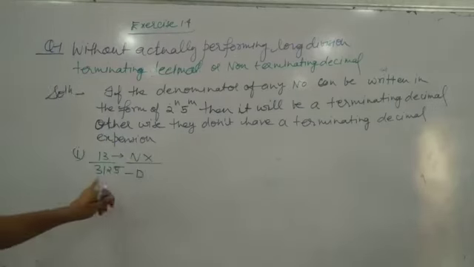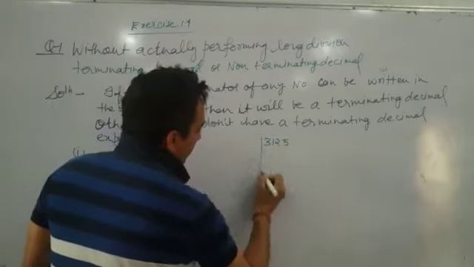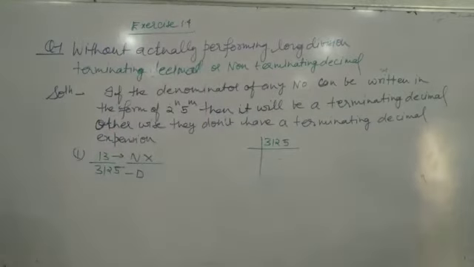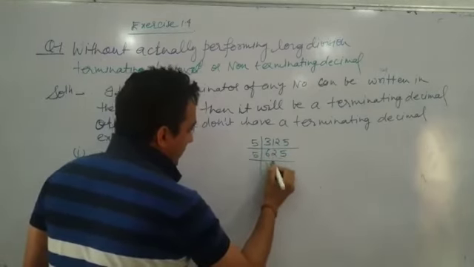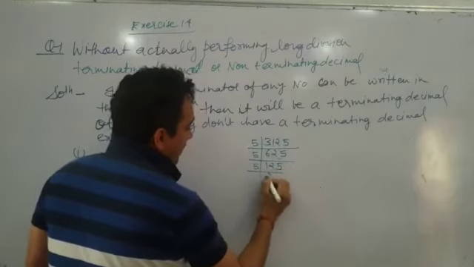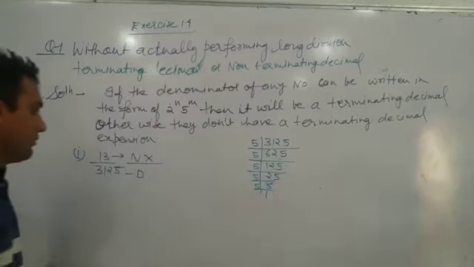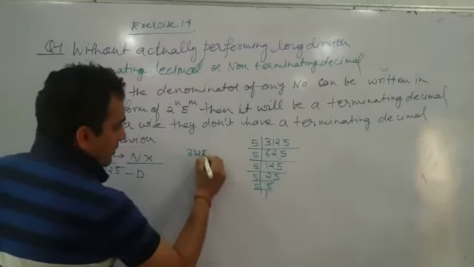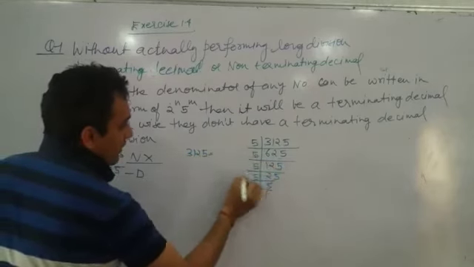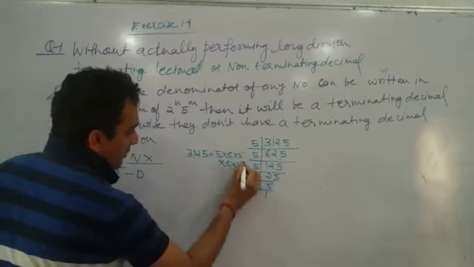Now taking our denominator, 3125, write it in prime factors. 5 times 625 is 3125, and continuing, 3125 is equal to 5 multiplied five times.